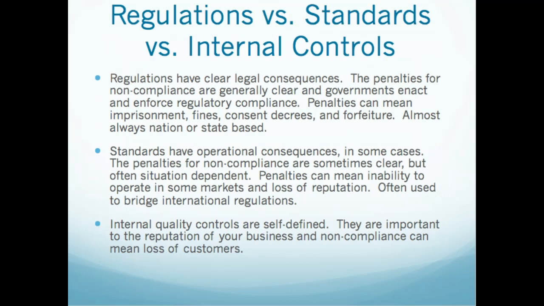And a lot of times we will use those standards so that we can bridge international laws. So for many years, if you bought a car that was made in the UK, in England, when you brought it over to the US, you had to have the window glass changed because their glass standard was different than ours. Ours required tempered glass, theirs did not. So when you had an accident in a car that was made in the UK, the glass would not go into those little pebbles, if you will, like it does with a windshield.